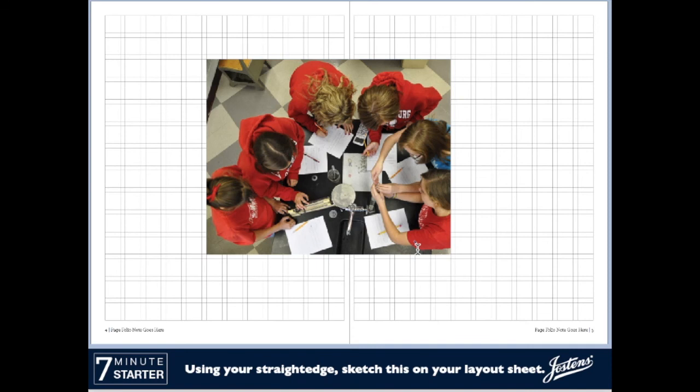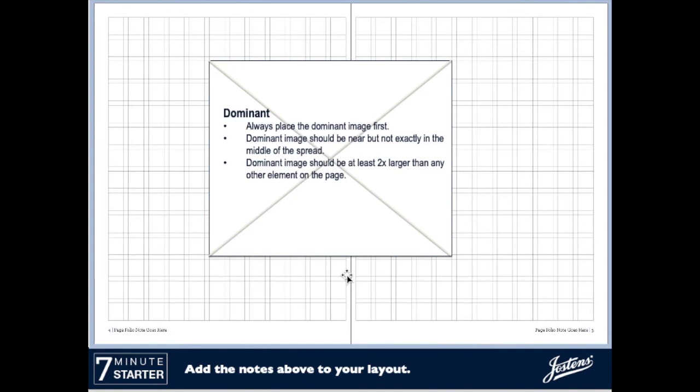So the first thing you want to put on your page is a dominant image, and that'll be a picture. Notice how this picture goes across the gutter, but nobody's head is in the gutter. So they've placed this here well. And a dominant image should always be close to, but not exactly in the middle.